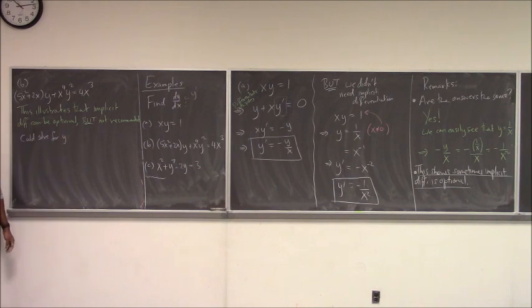Does anyone see how you would solve for y? You can factor y. Sure, I could factor a y out, but there'd still be one over here. And then do what?